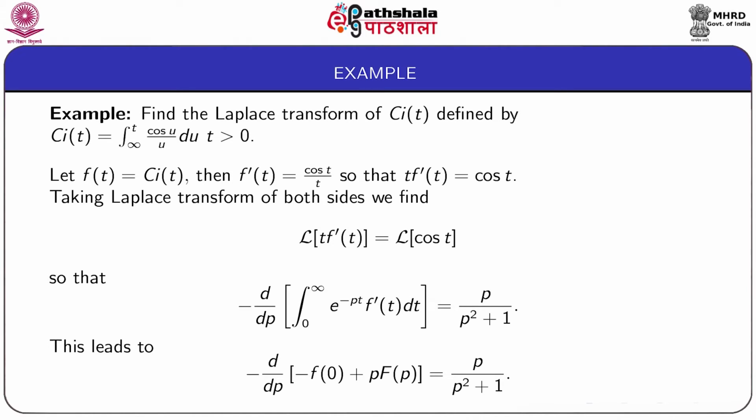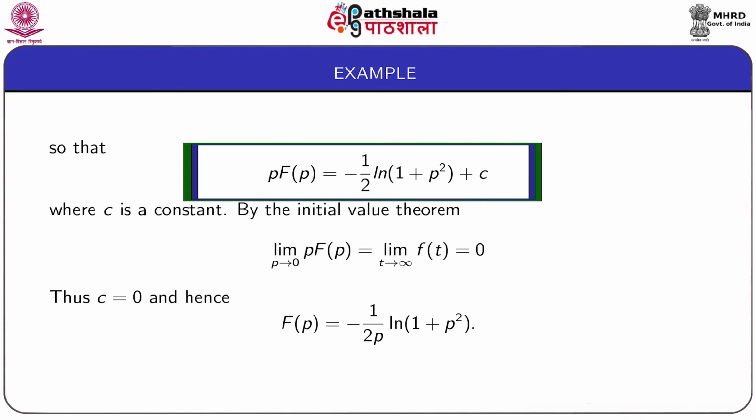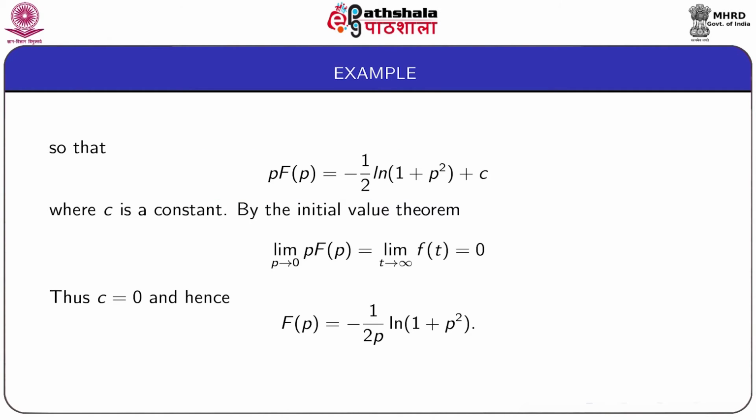Hence, from this expression after integration, we find pF(p) is given by minus half log of 1 plus p square plus constant, where c is a constant.